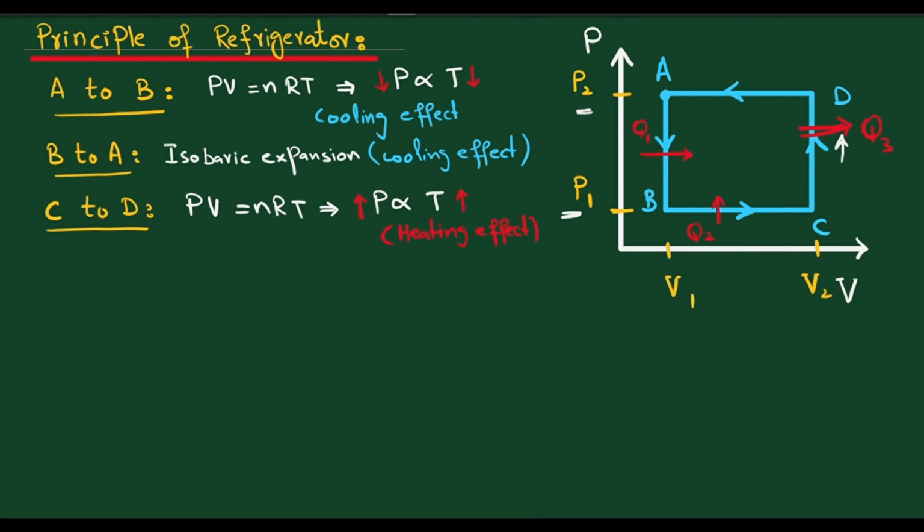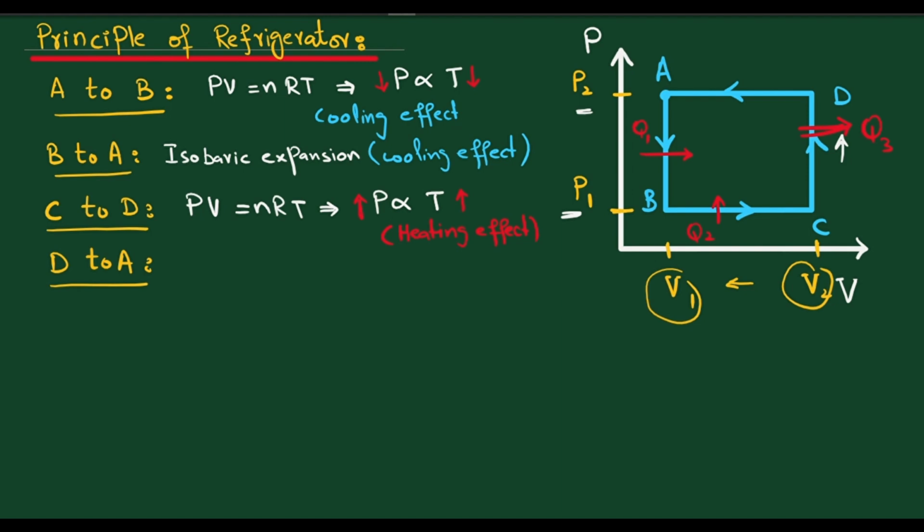Now consider from D to A. D to A is an isobaric process, and the volume is decreasing because at D the volume is V2, but at point A the volume is V1, and we go in this direction. D to A is an isobaric compression, and due to the compression the temperature will increase.